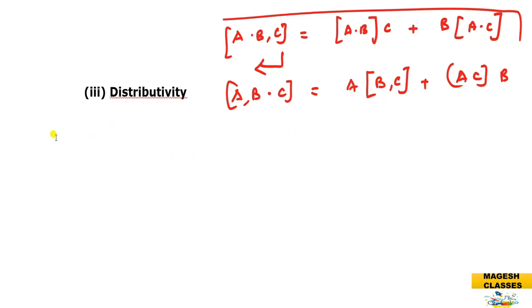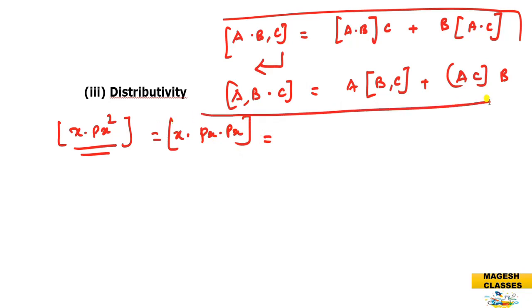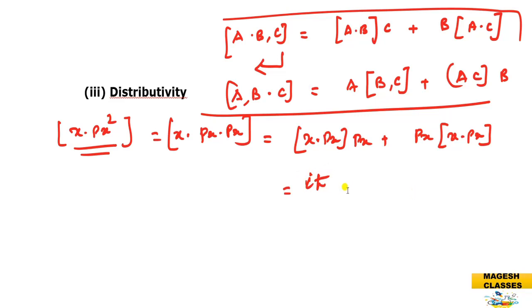One more problem here. What is the value of x into px square? How can you find out? It is equal to x into px into px. So writing the distributive function, what is that? The first is x into px, it is A into B, and C is taken out, plus B is taken out, the x into px. x px is equal to I h cut, px into I h cut.